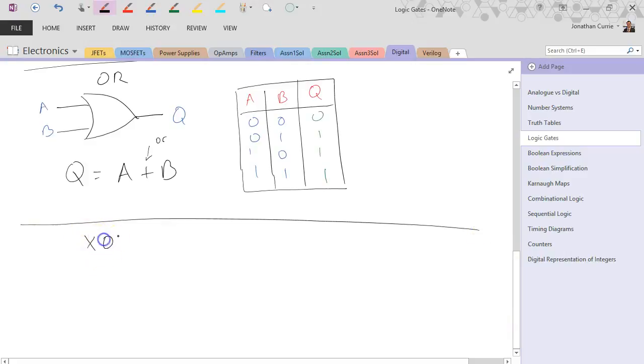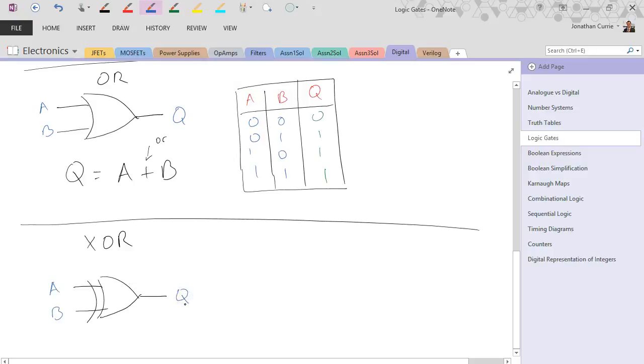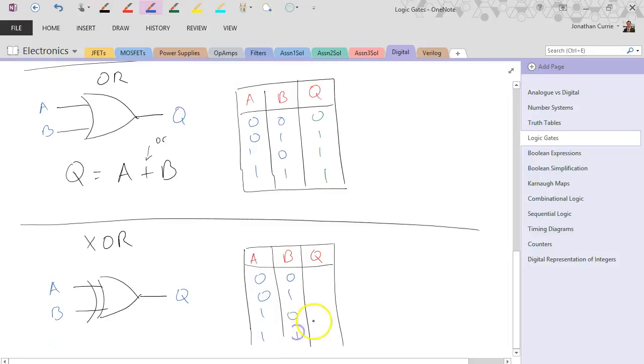And the last fundamental gate is the XOR, which is drawn like this. Also having two inputs, but it has a slightly more complicated truth table. A, B, and Q: 0 0, 0 1, 1 0, 1 1.